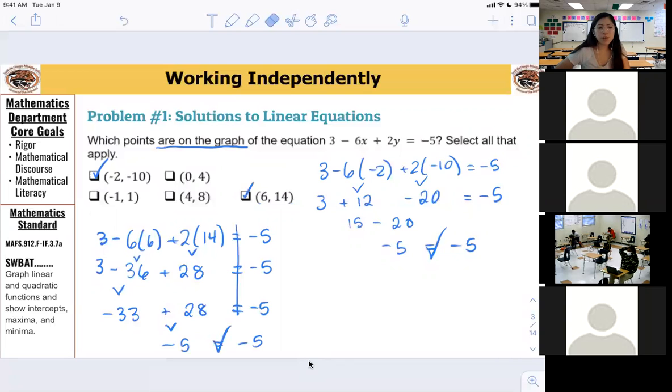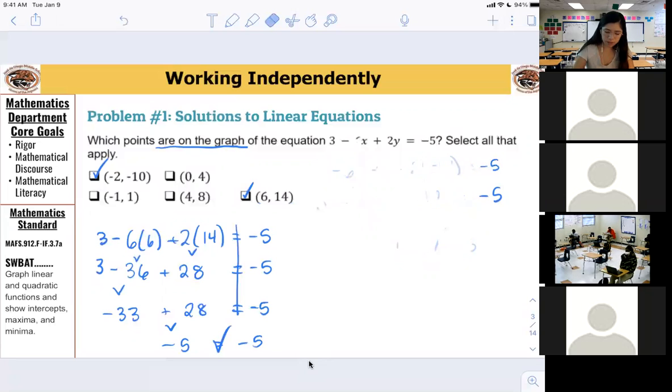Now, can anybody share with me a point from this selection that is not correct so that we can see what that looks like? -1, 1. Okay, so I'm going to plug in -1, 1, just so we can see what it looks like when it's not on the line. Plugging in -1 for x and +1 for y.